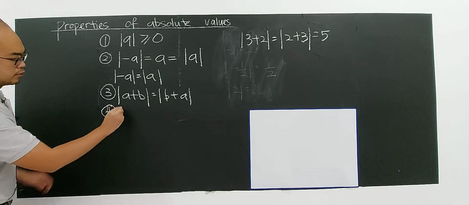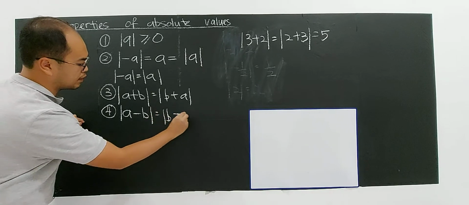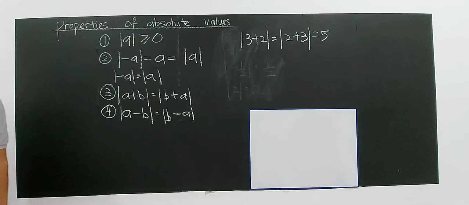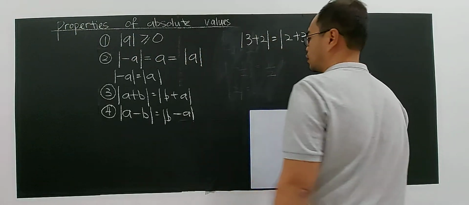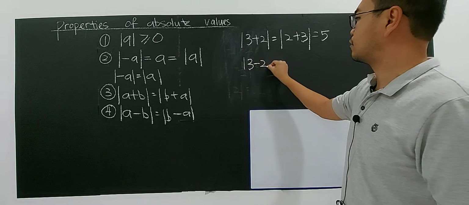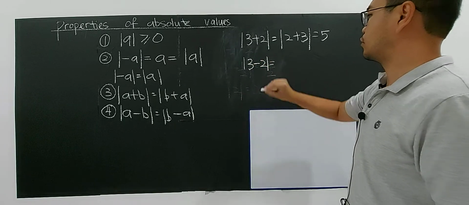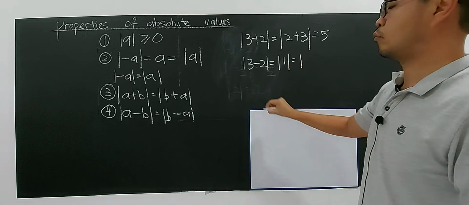The modulus of a minus b is also the same as the modulus of b minus a. Why is this true? This is also one of the properties. Let's say I have 3 minus 2, which gives you 1.